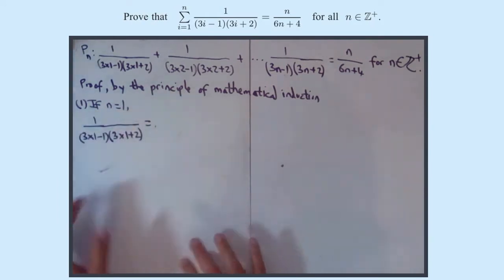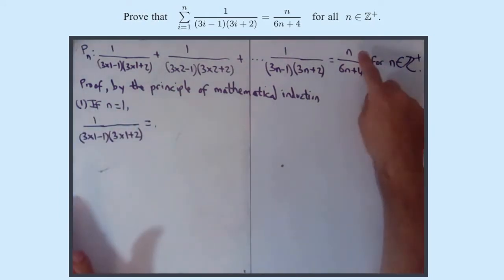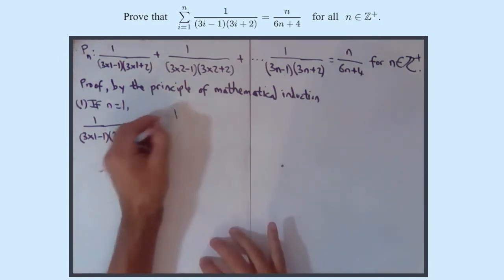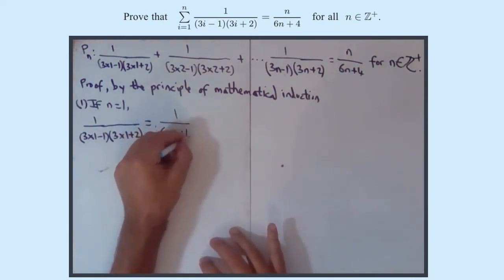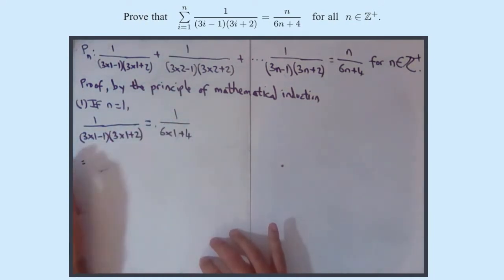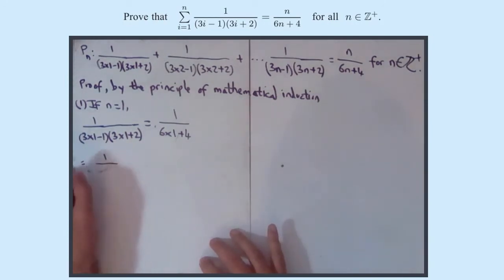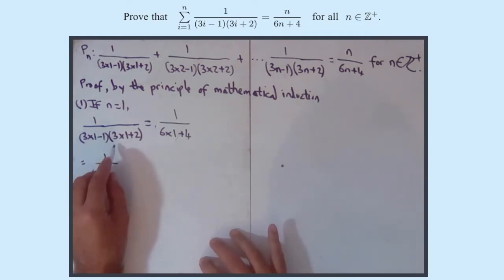Is that equal to the right hand side, which would be this with n being 1, so 1 over 6 times 1 plus 4. So this is 1 over, well, 3 times 1 is 3, minus 1 is 2, times 3 times 1 is still 3, plus 2 is 5.